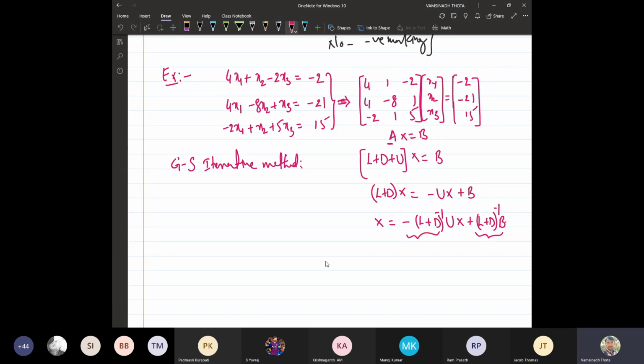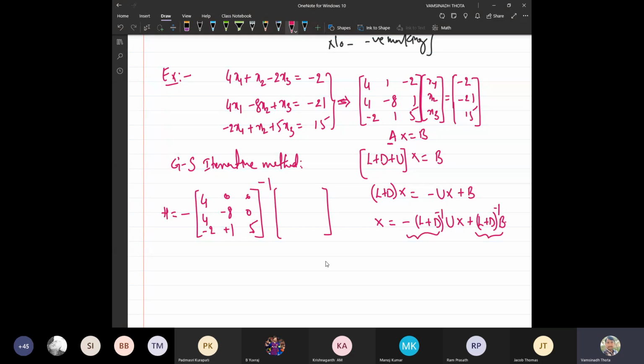So first, let us evaluate (L + D) inverse times U. That is nothing but H. So H is equal to minus (L + D) inverse times U. L + D is simply the lower triangular matrix along with the diagonal entries: 4, -8, 5, and 4 here, -2, and here 1, 0, 0, 0. Its inverse times the upper triangular matrix.